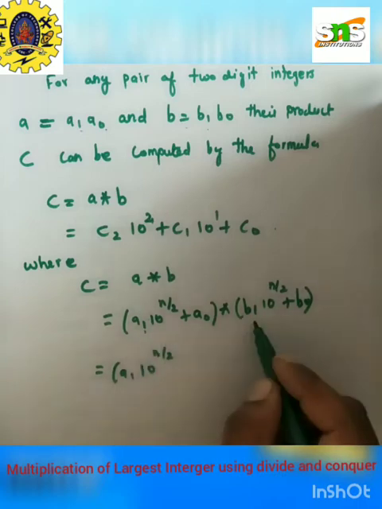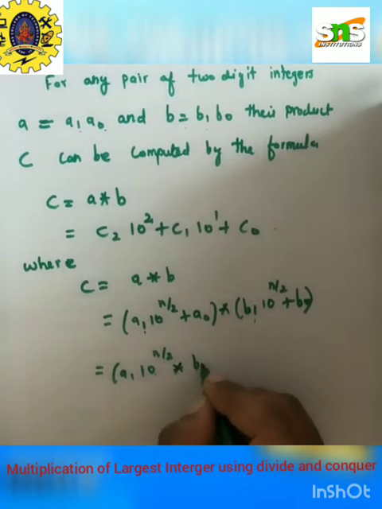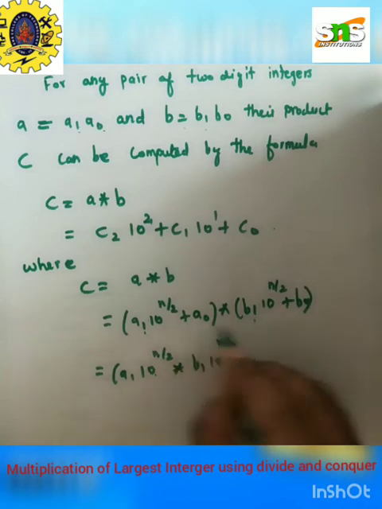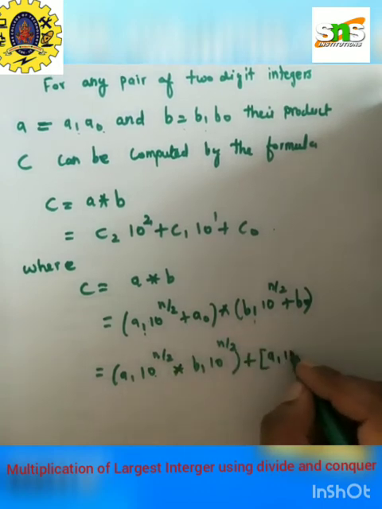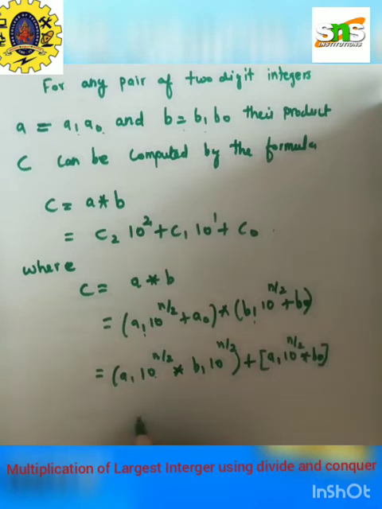a1 will be multiplied with the b1, so a1 10 power n by 2 star b1 10 power n by 2, then plus a1 10 power n by 2 star b naught, plus, okay, the same.